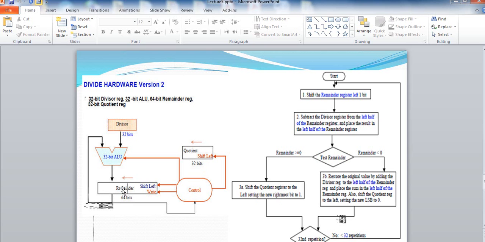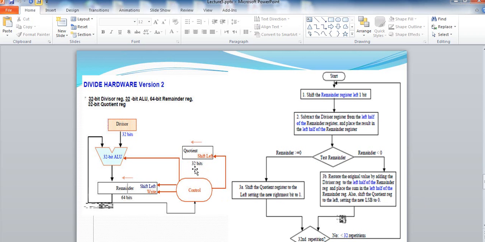If it's equal or bigger than the divisor, you do the subtraction and put 1 in the quotient. That's briefly how you do it.